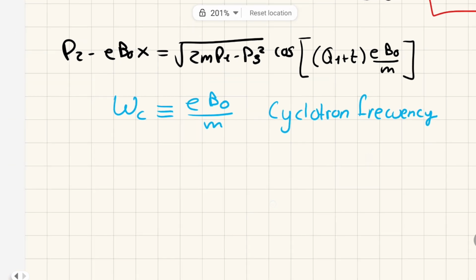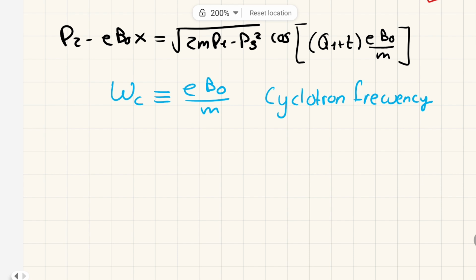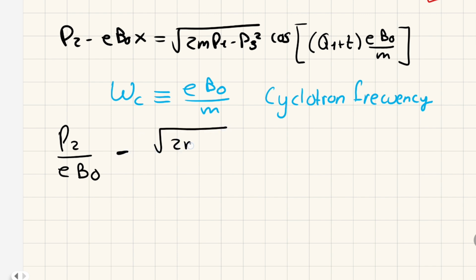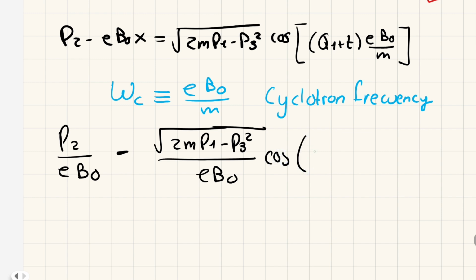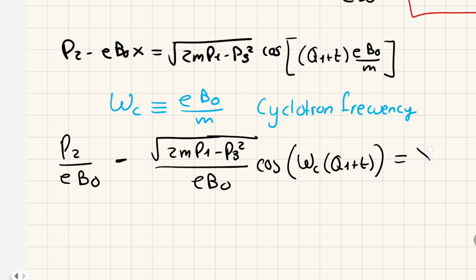Okay, perfect. So with this, we can solve this equation for x, and we will have that P2 divided by eB0 is equal to, actually minus, the square root of 2mP1 minus P3 squared divided by eB0, cosine of this frequency omega z times q1 plus t, equals 2x.